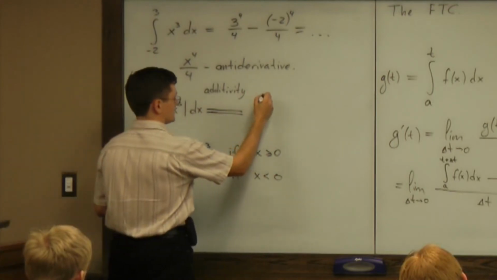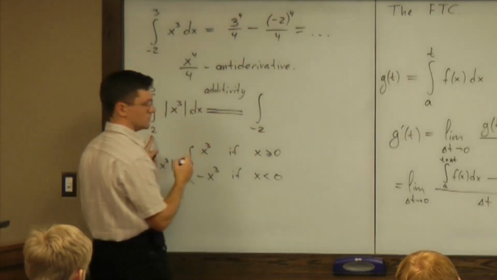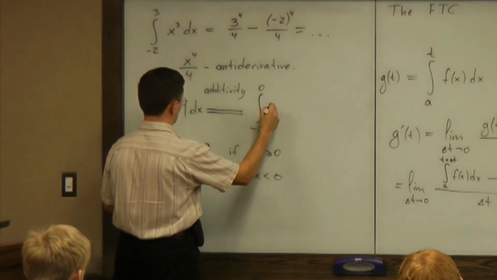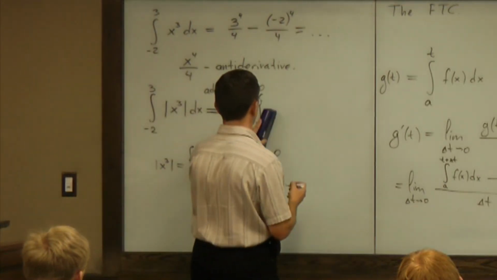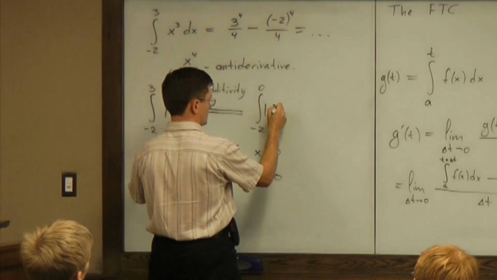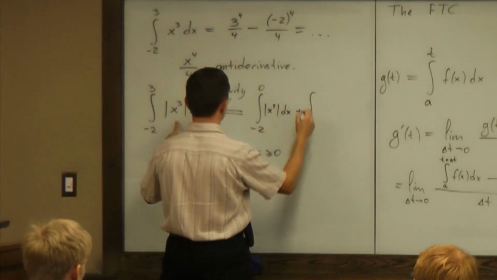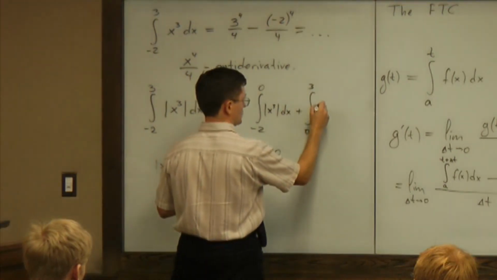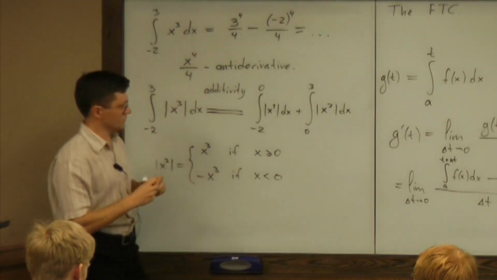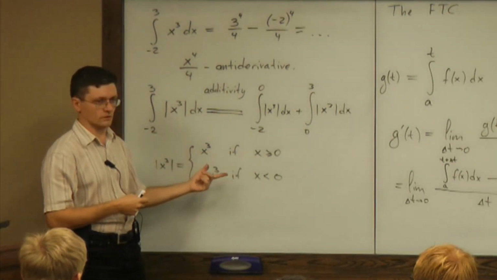But I will integrate from -2 to what? To 0, exactly. And of course I'm integrating still the same function, the absolute value of x cubed. And then I integrate from 0 to 3. So I'm not doing much in the sense of computation, but I'm in preparation for the computation.